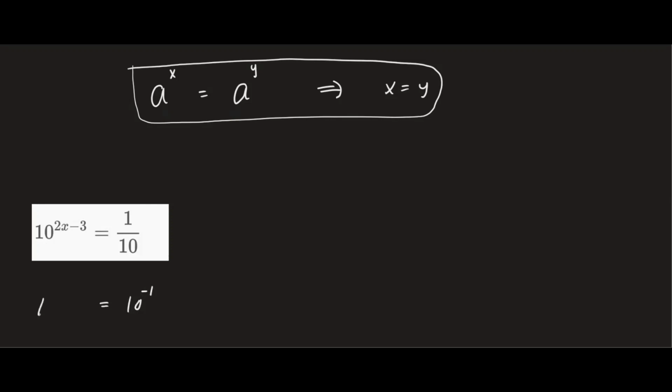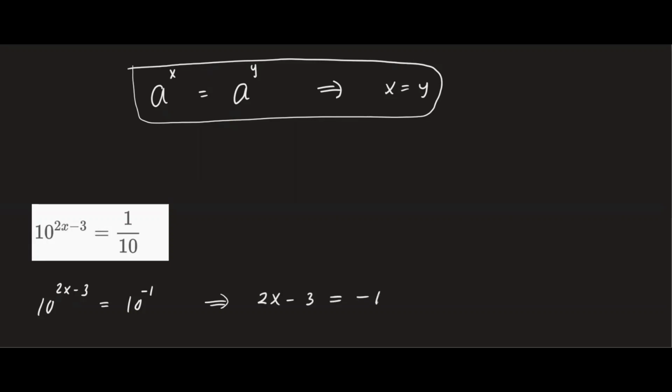On the left-hand side, we still have 10 to the power 2x minus 3. And now we can use that rule up there. The only way these two sides are equal is if their exponents are equal. So that means 2x minus 3 is equal to negative 1.